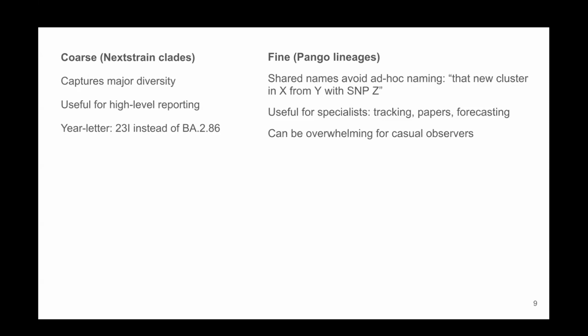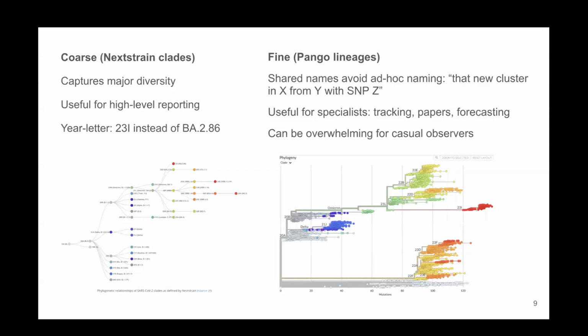Each clade schema has certain advantages and disadvantages, and I've got a couple of illustrations to show some of them. If you just want to understand the evolution of SARS-CoV-2 over time at a broad, high level, it's quite good to have something that's a little bit more schematic, quite broad, like Nextstrain clades.